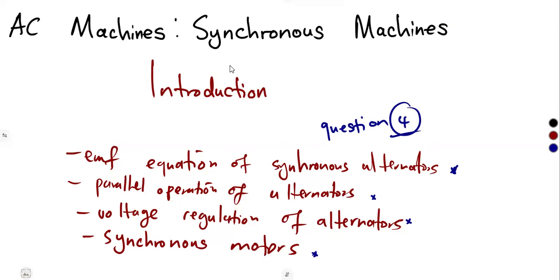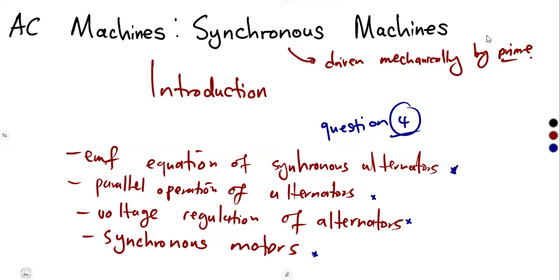So what were they focusing on? The synchronous machines. What exactly are we understanding from the synchronous machines? Remember, these are machines which are driven mechanically by a prime mover. We're not going to be much into that, but I just want you to know that there are two types of AC machines: the synchronous and the asynchronous.